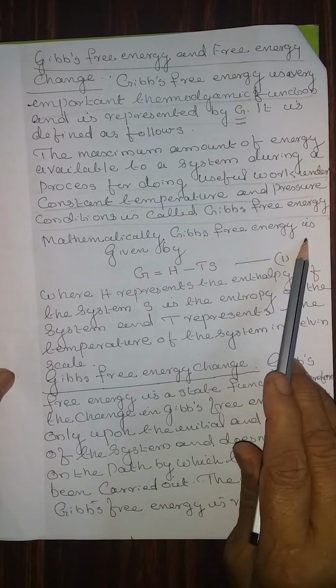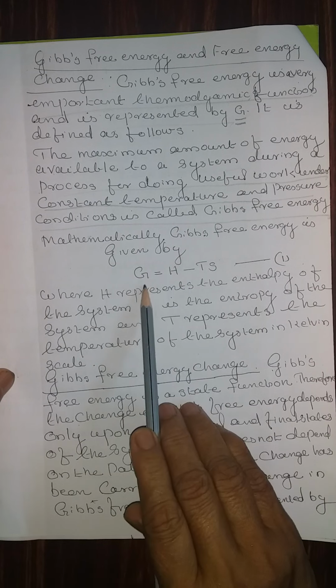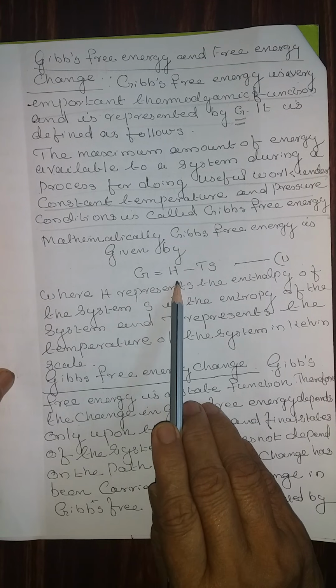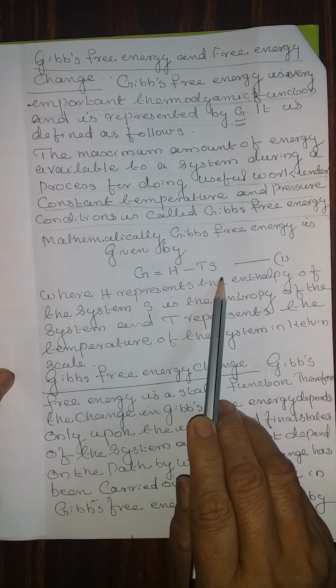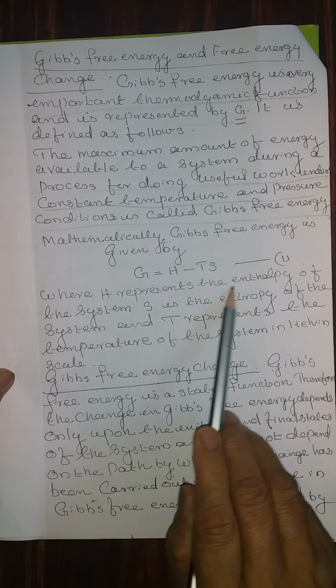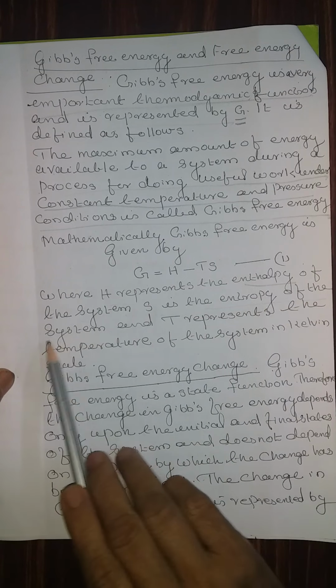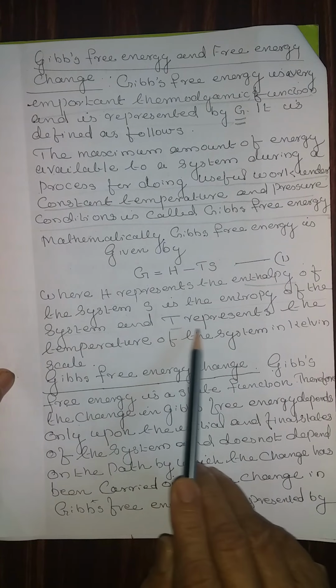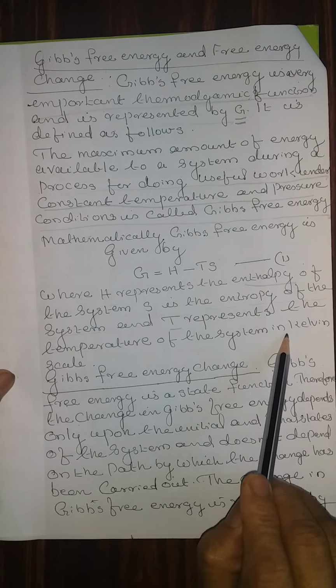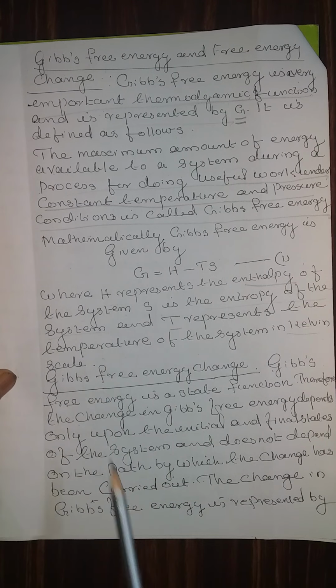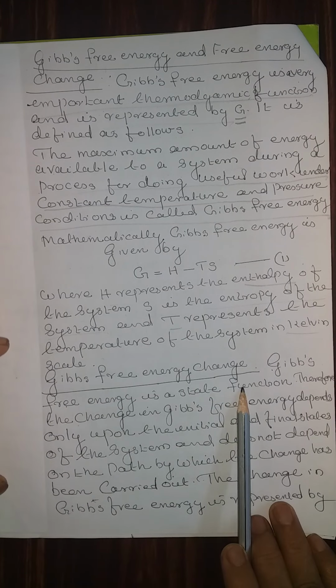Mathematically, Gibbs free energy is given by G is equal to H minus TS, where H represents the enthalpy of the system, S represents the entropy of the system, and T represents the temperature of the system in Kelvin scale.